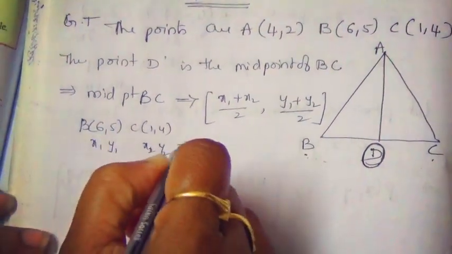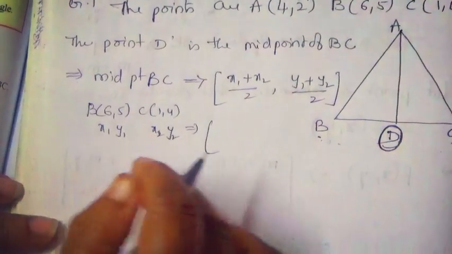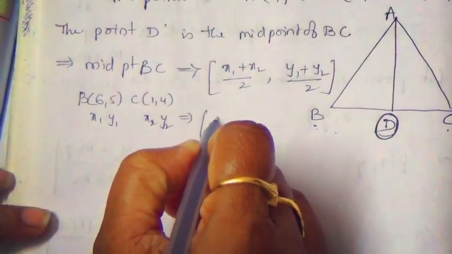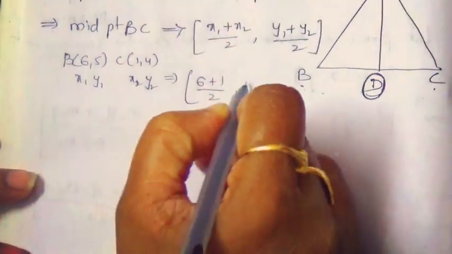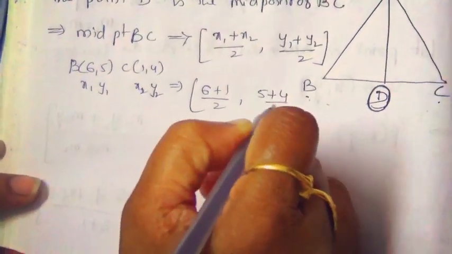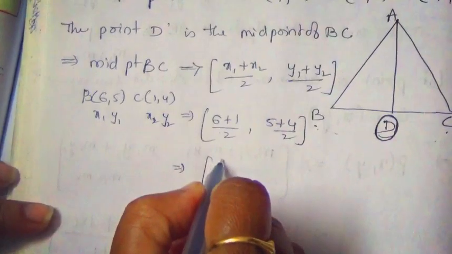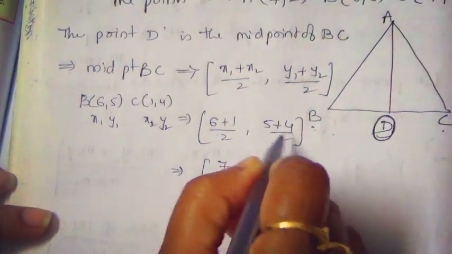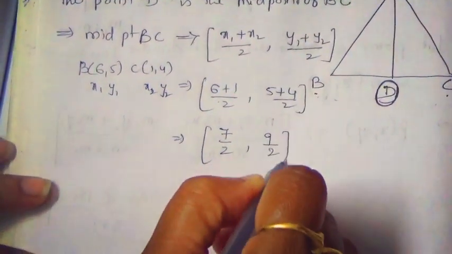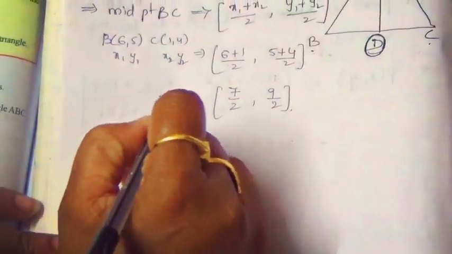Already we did so many problems using these coordinates. So 6 plus 1 by 2, 5 plus 4 by 2. That gives 7 by 2, and here it is 9 by 2. That is the midpoint, the point D.